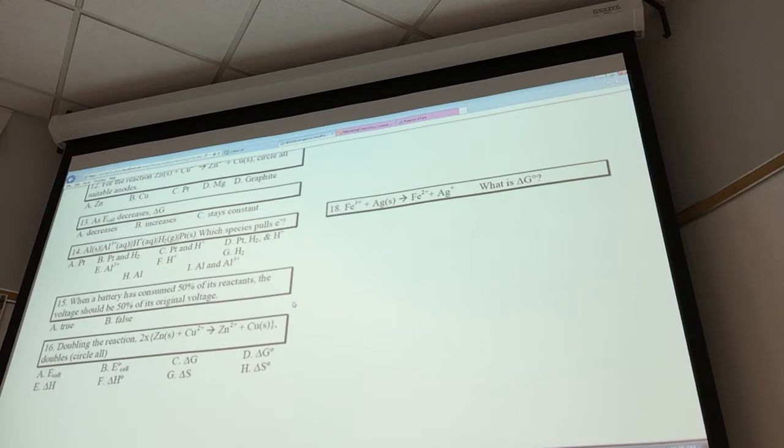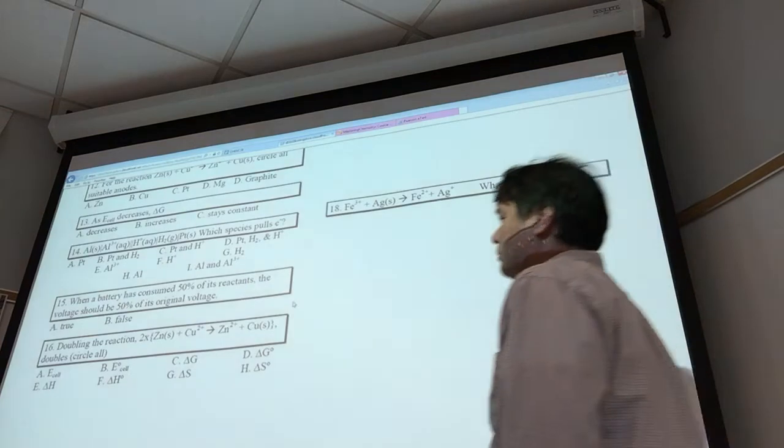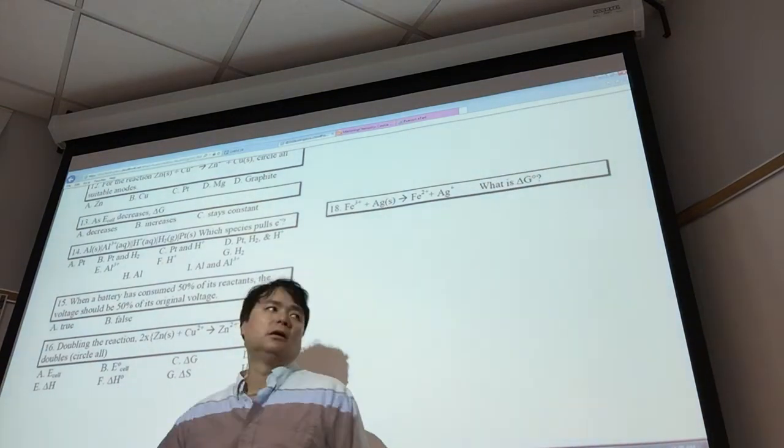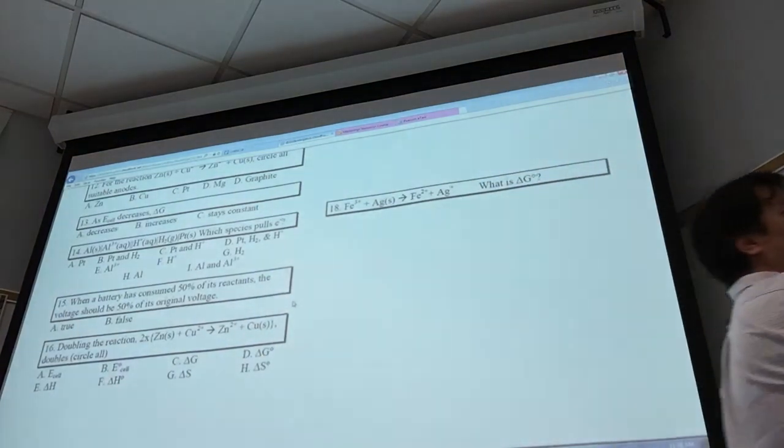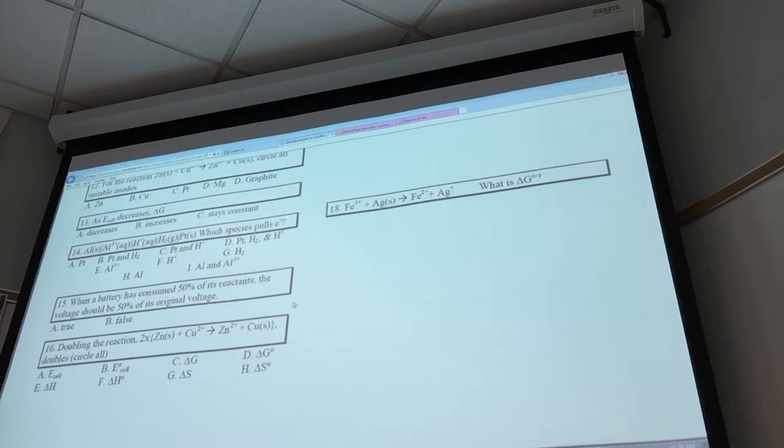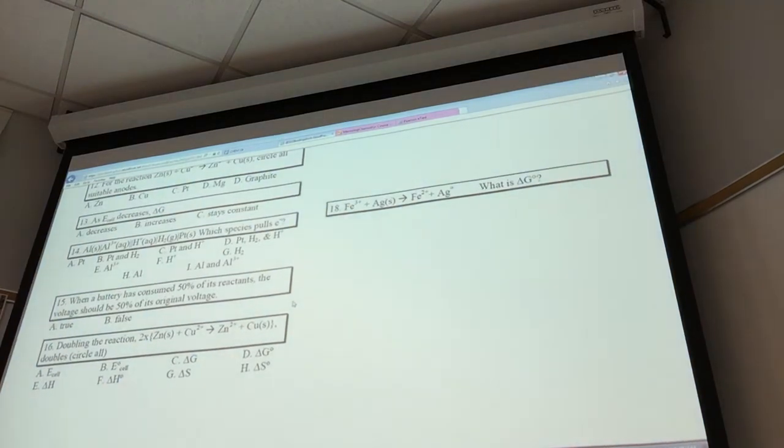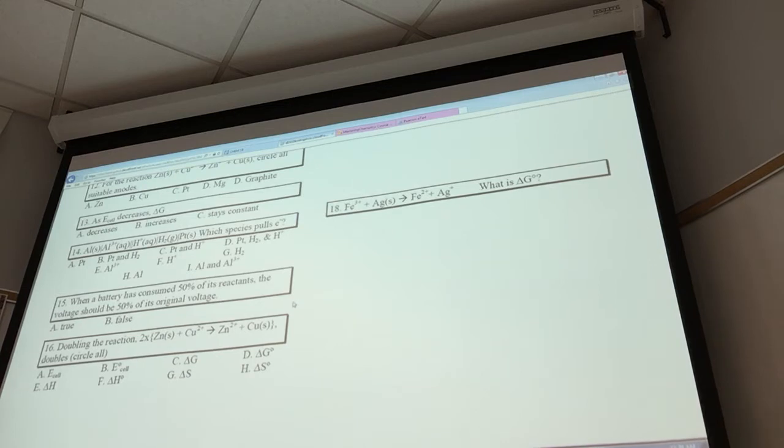And so when we're looking at cell voltage, we're looking at the pulling power of this. To make this pull more, because there's a tug of war, we would have to increase the concentration.